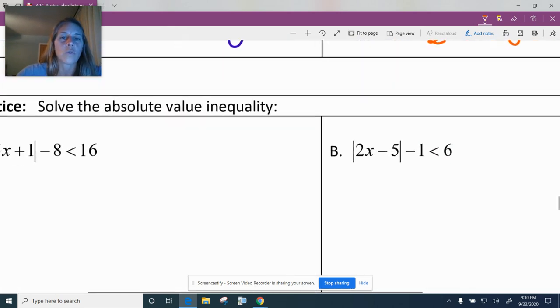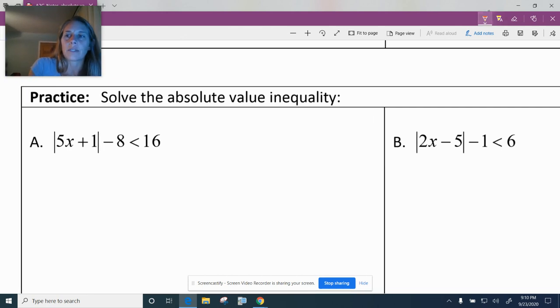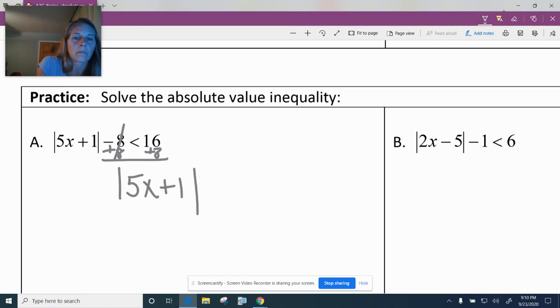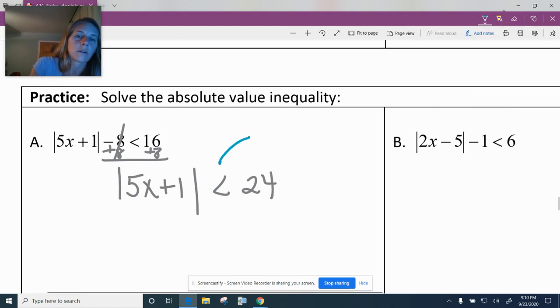All right, so we'll do 2 more of these examples. So for this one, we have that 8 that's on the same side as the absolute value. So we have to move that over first before we do anything else. So now I have 5x plus 1 is less than 24. So I see my little less than sign here.